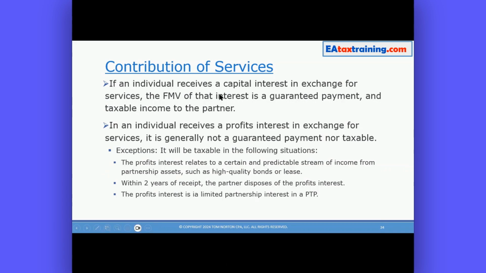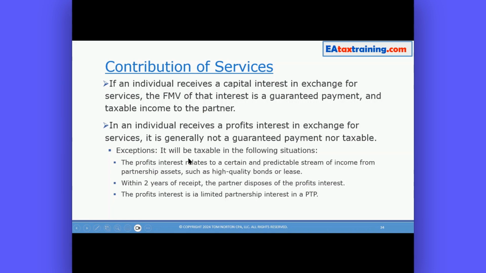If an individual receives a capital interest in exchange for their services, the fair market value of that interest is a guaranteed payment and is therefore taxable income to the partner. If an individual receives a profits interest in exchange for their services, it is not generally going to be considered a guaranteed payment, and therefore it is not taxable.